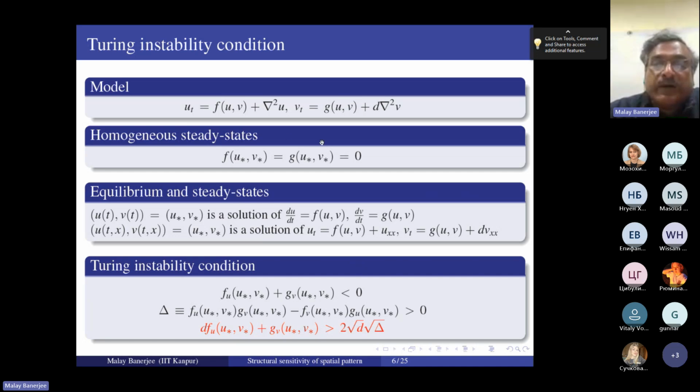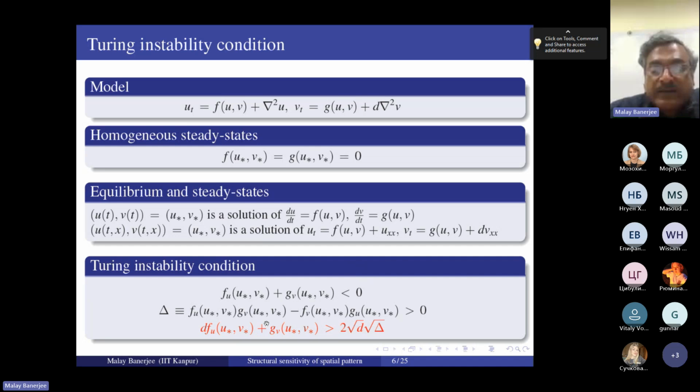And in order to find such conditions, these three conditions are given. The first two conditions correspond to stability of this homogeneous steady state under temporal perturbation, and the last condition, mentioned in red color, is the condition required for the instability of the homogeneous steady state under small amplitude heterogeneous perturbation.